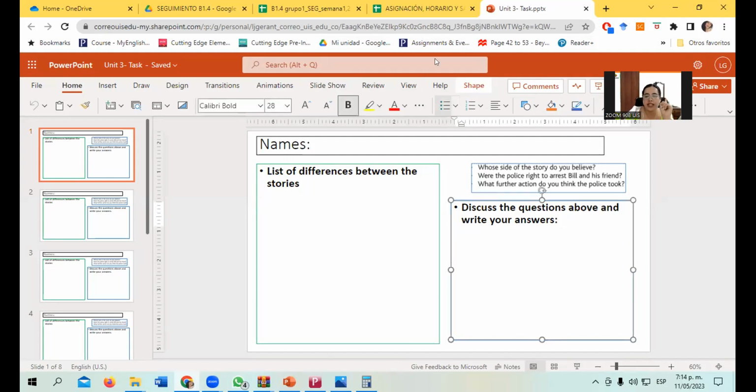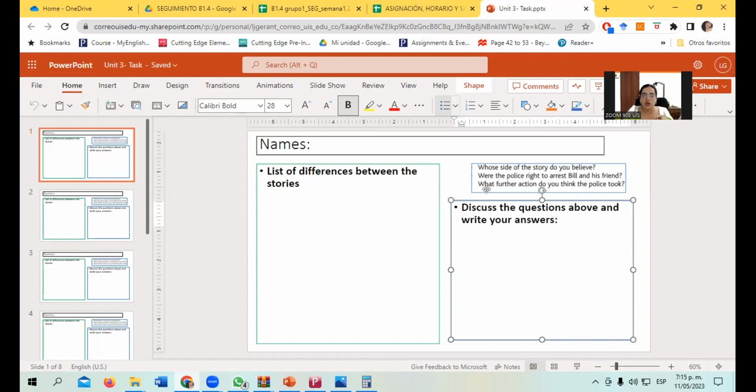The first question is, whose side of the story do you believe? ¿A quién le crees? ¿Qué lado de la historia creen? You are going to discuss and then reach a conclusion, and you write your conclusion: we believe Frank, or we believe the old lady.